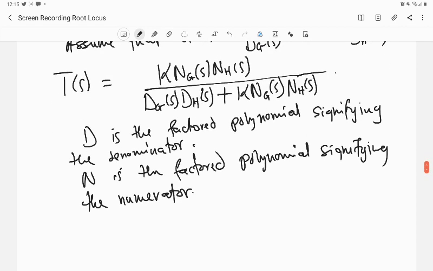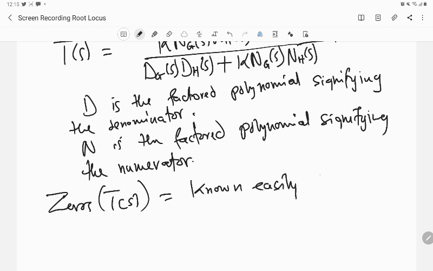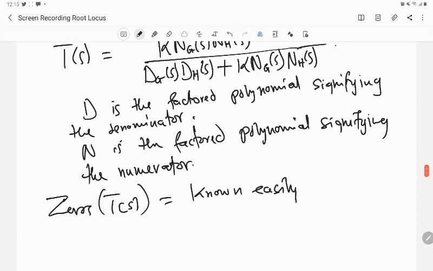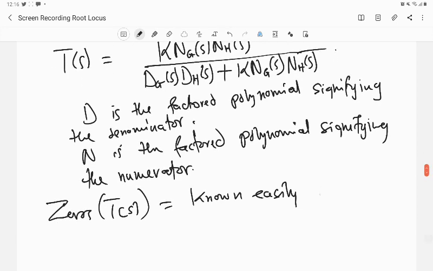So we see from this that the zeros of T(s) are known easily, because that is going to be the same as the zeros of the open loop transfer function. Okay.